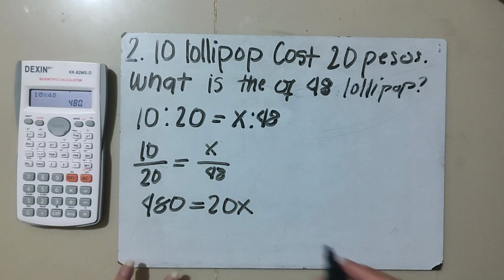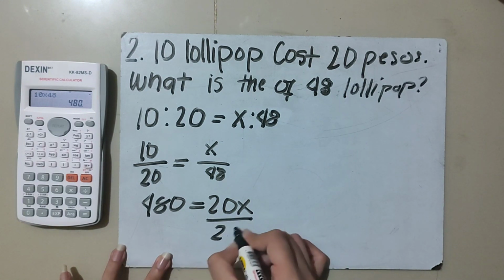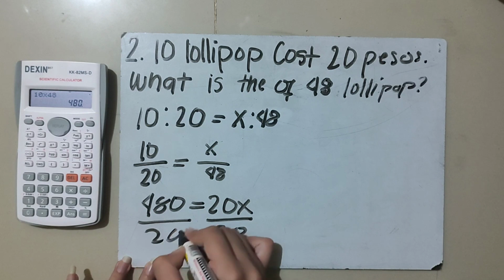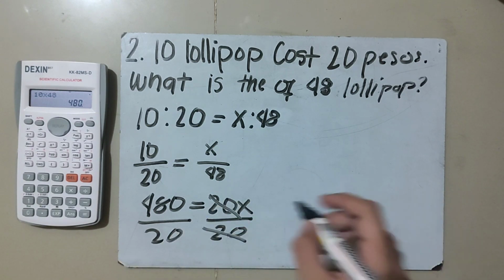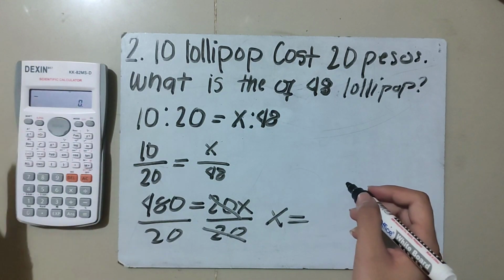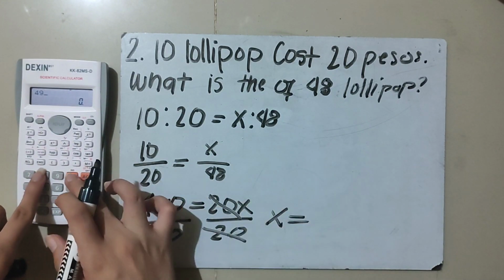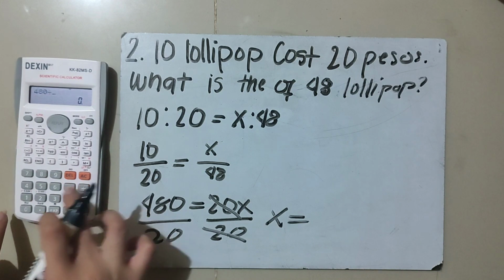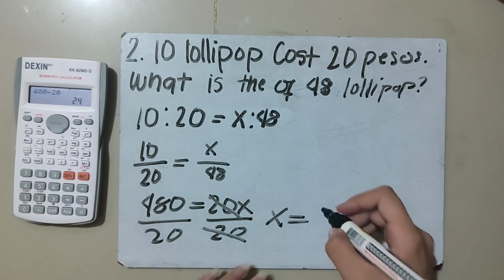Then divide yung number, which is yung katabi ni x, sa both sides. So we have this. Then divide it, so we have 24.